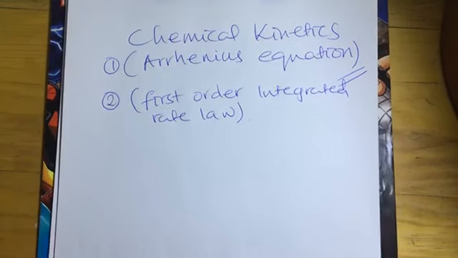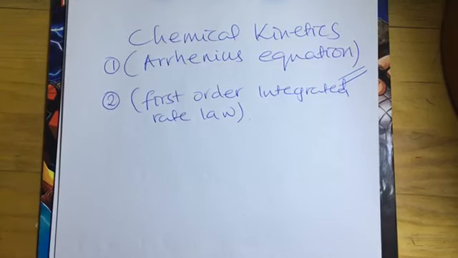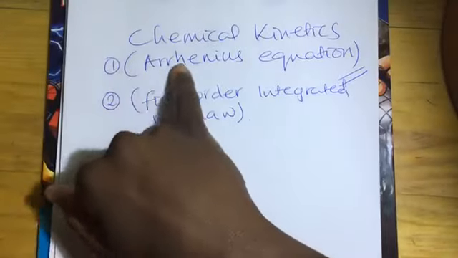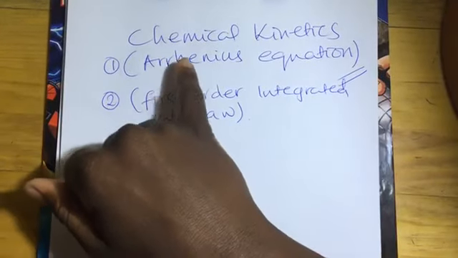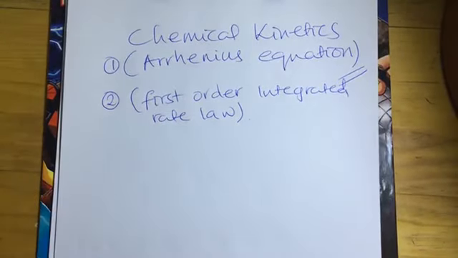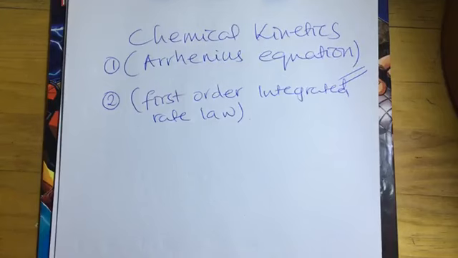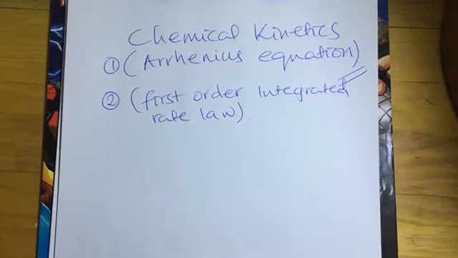So we're going to talk about the Arrhenius equation. Then we're going to talk about the integrated rate laws. There's zero order, first order, and second order, but one of those that I've seen to be most important is the first order integrated rate law.